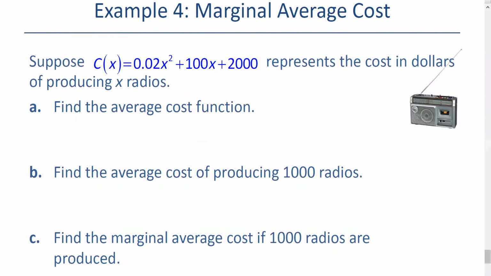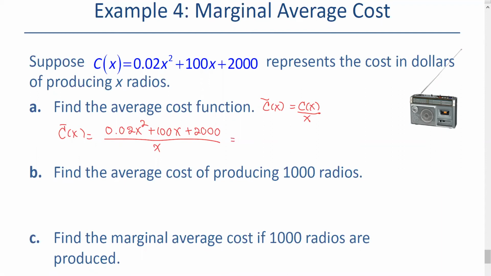In part A, we are going to find the average cost function, which is C bar of x. C bar of x can be computed by C(x), which is the total cost, divided by the x items produced. In our case, C bar(x) equals C(x), which is 0.02x squared plus 100x plus 2000, all divided by x.